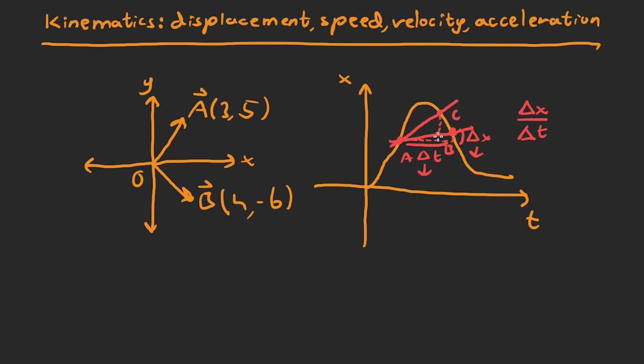It's still the same calculation, nothing is different, just the displacement got a little bit smaller and the change in time got small. Let's make it even closer. Let's say that this is the point D. We can calculate this. Let's say this is point E. We can also calculate this.